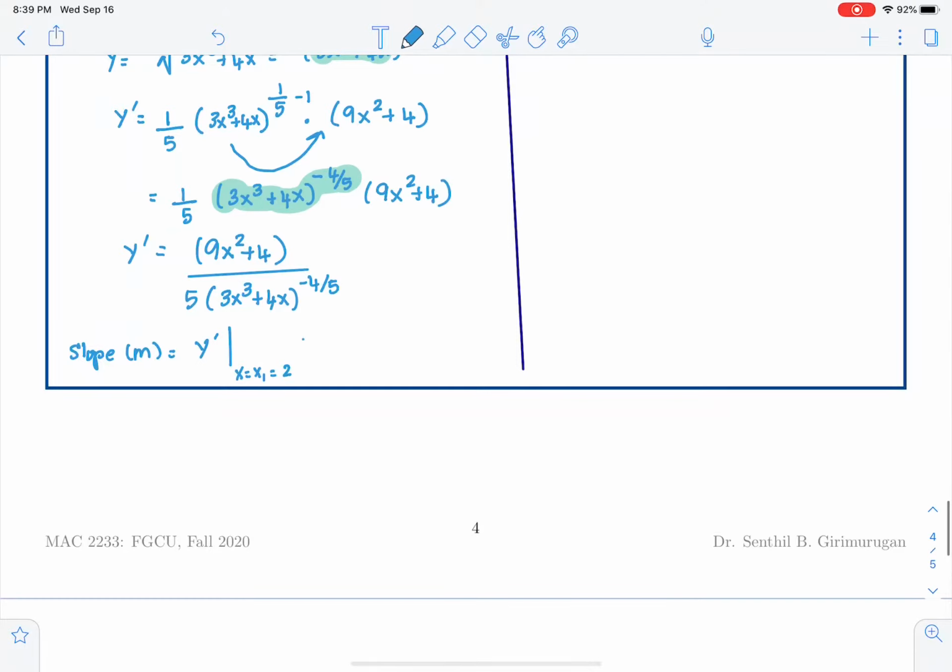So we will have 9 times 2 squared plus 4 divided by 5 times 3 times 2 cubed plus 4 times 2 raised to negative 4 over 5. The numerator would simplify to 40. Two cubed is 8. 8 times 3 is 24, plus 8, raised to negative 4 over 5.